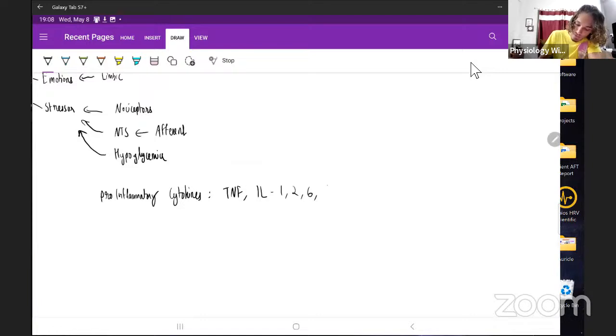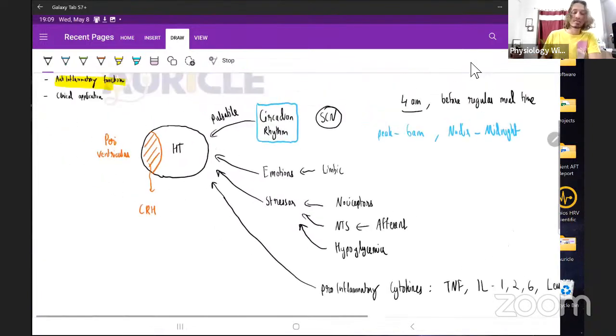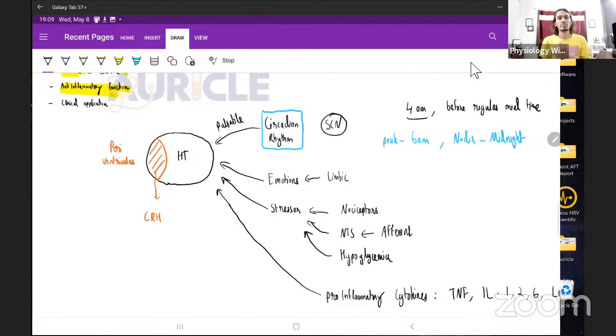And there's another one which is leukemia inhibitory factor. All of this can also stimulate your hypothalamus to release corticotropin releasing hormone.